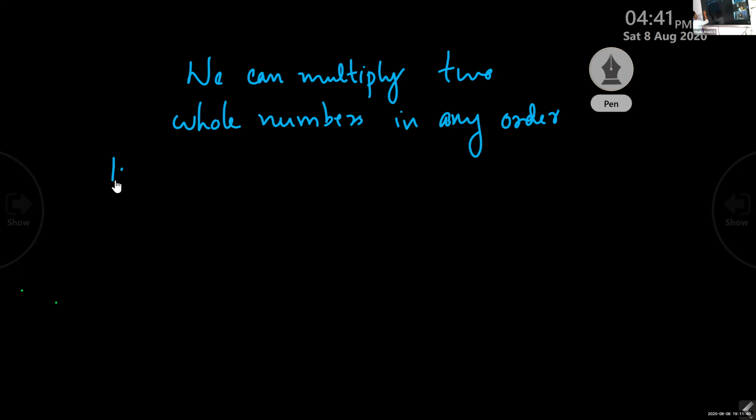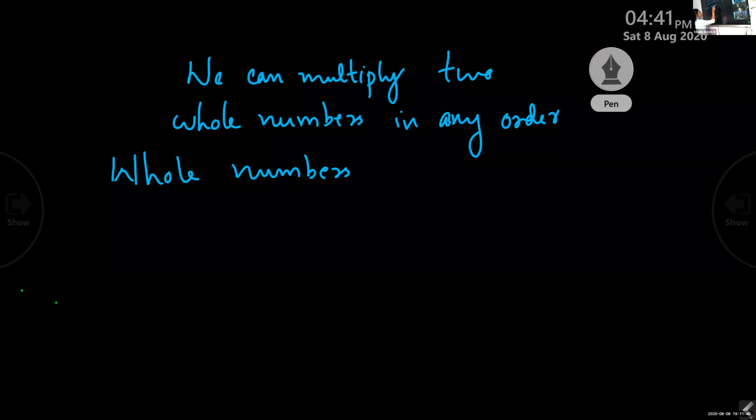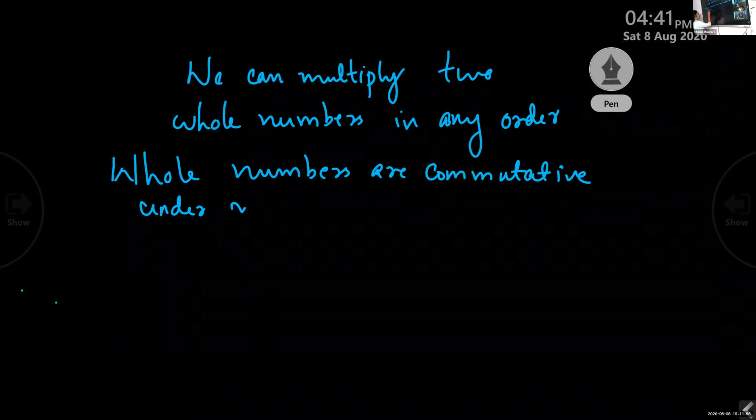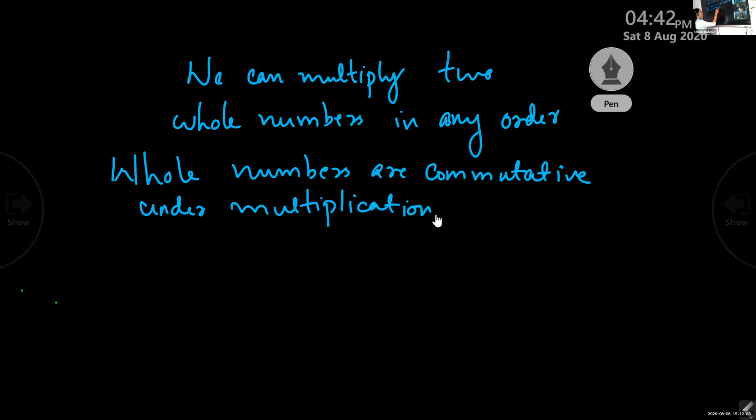Then whole numbers are commutative under multiplication. The same thing, because we can multiply these two numbers in any order. Commutative under multiplication.